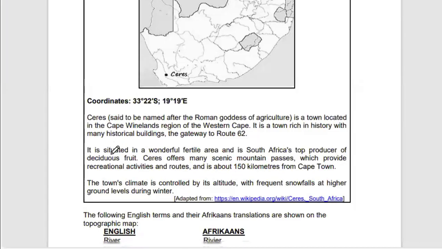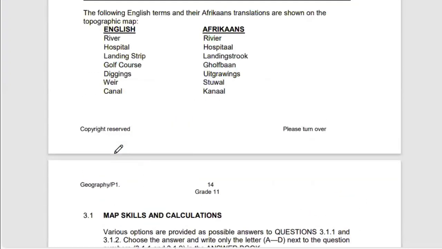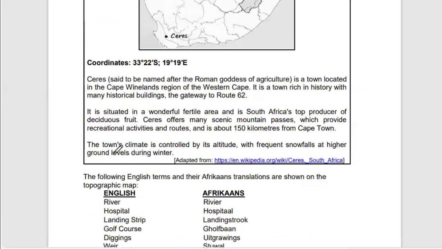Right. So we go to the questions. And as usual, I encourage you to go through the map information, read through it and understand, because there might be some questions which require you to refer back to the map information, because that is where you get details about the mapped area in terms of its location, where it is located in South Africa, in which province, and also activities that happen in that particular area, its situation in relation to other features, and also some routes linking to it, be it railway lines or roads that pass through the mapped area.